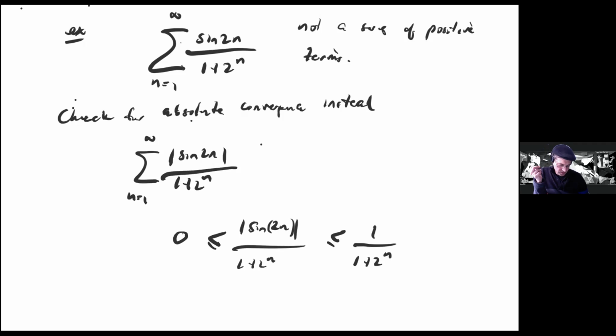And we can do better than this. We can even make this less than 1 over 2 to the n, because summation 1 over 2 to the n is geometric with common ratio 1/2, so this will converge. So I'm going to use the comparison test.